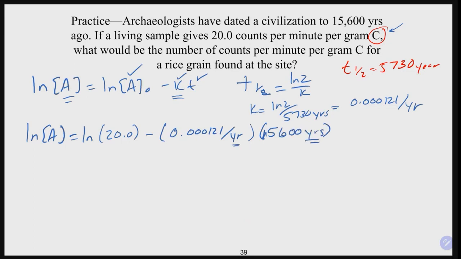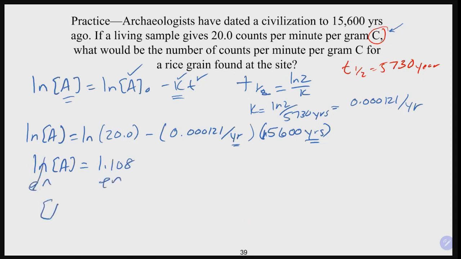We're okay in terms of units. Again, we have them in the same unit, so that is always a thing that you want to look at. So we're going to do the natural log of 20, hit equals, minus, open some parentheses, 0.000121 times 15,600. Going to hit equals, going to give us the natural log of A is equal to 1.108-ish. We're going to get rid of the natural log on both sides once again by taking the e of both sides.